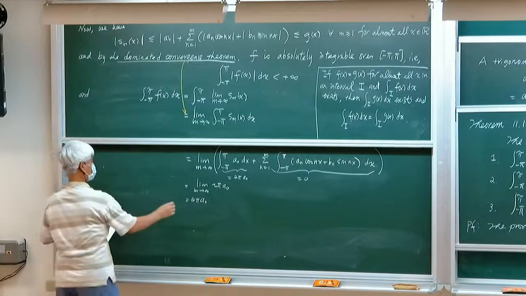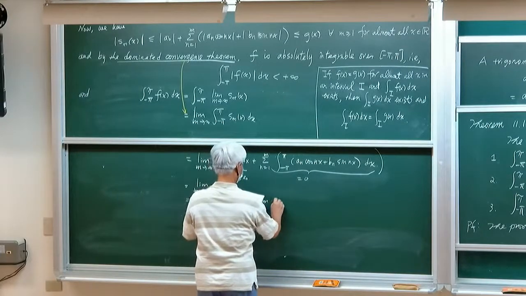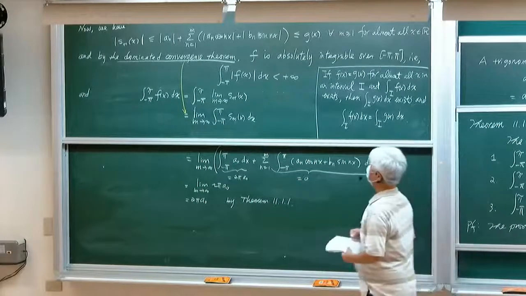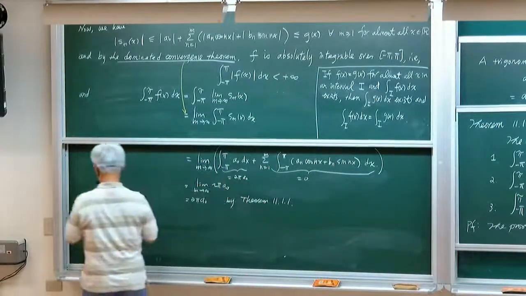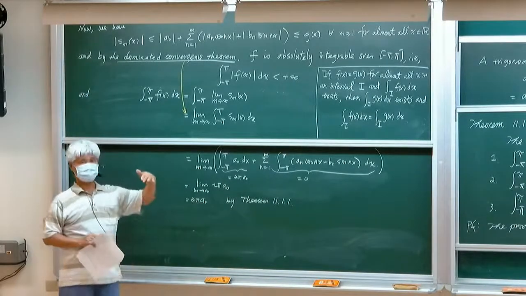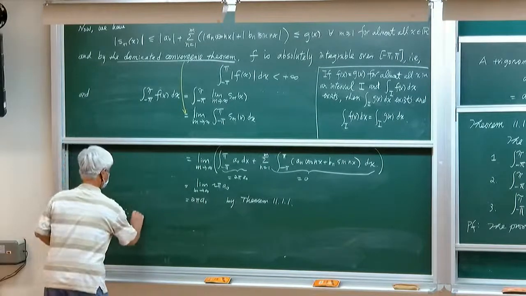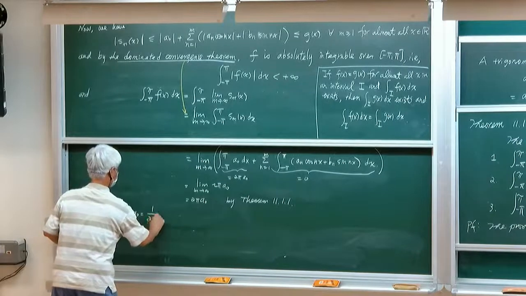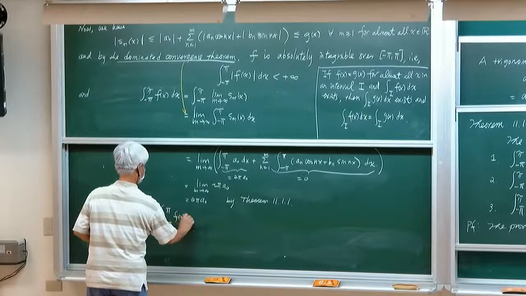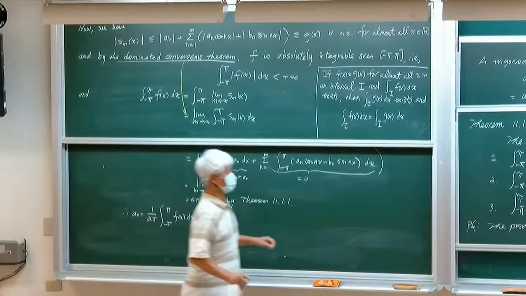All right, so this is by Theorem 11.1.1, from this theorem. That means that if this is true, then A0 can be found. From here, A0 is 1 over 2 pi times the integral.